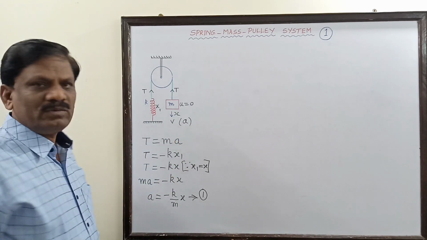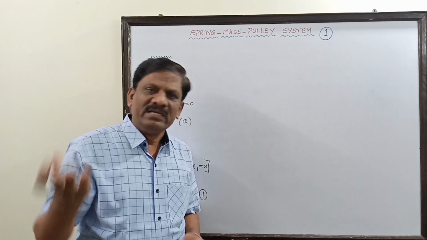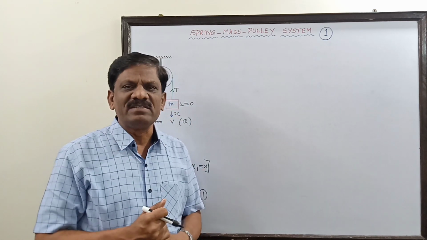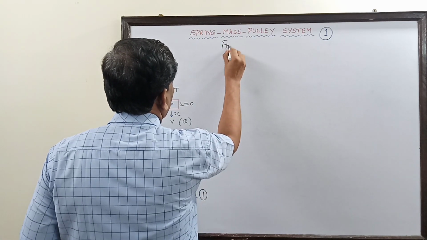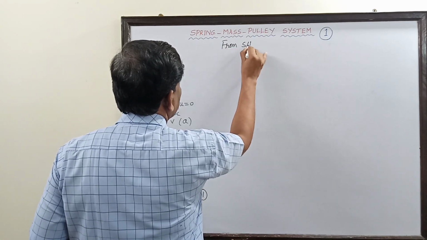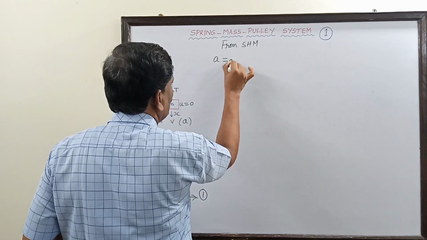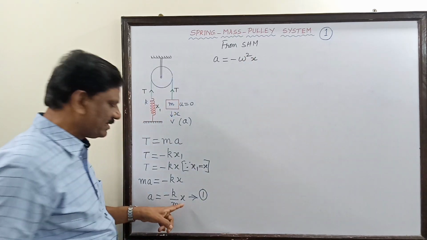Okay. Now what is going to happen? I told you, when you pull the mass and release, it is going to oscillate simple harmonically. So from the definition of simple harmonic motion, the acceleration also is equal to minus omega square times the displacement x.